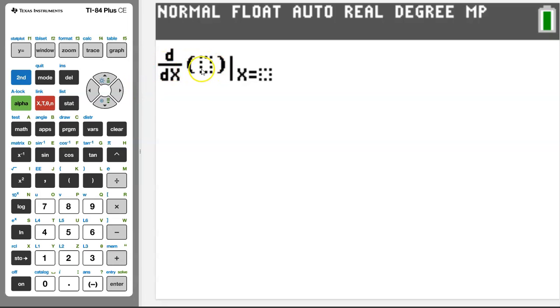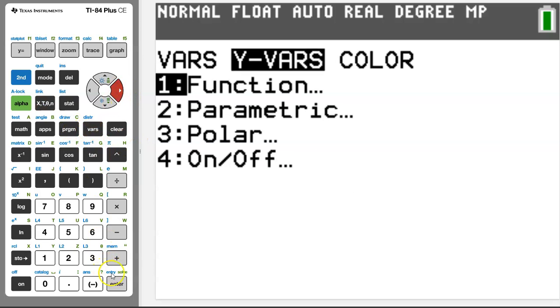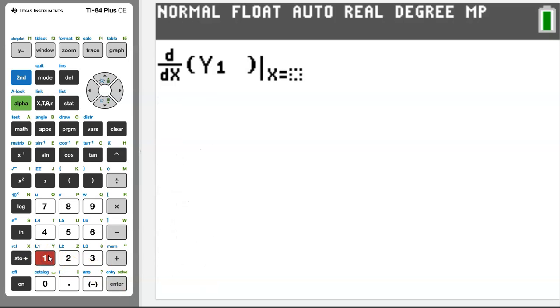Okay, so this will be f prime. But again, instead of f, I'm going to put y1. That's where we have it typed in. So I will hit vars, y vars, enter, and y1. So this is f prime. And if I want to do f prime at 1.8, this is where I type in the 1.8. So this is now f prime at 1.8.